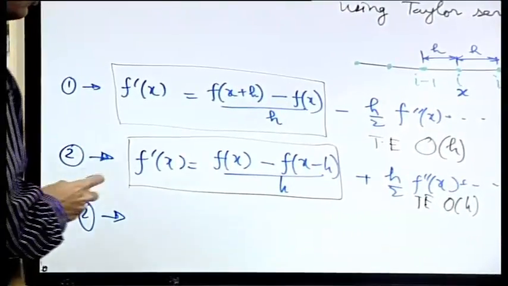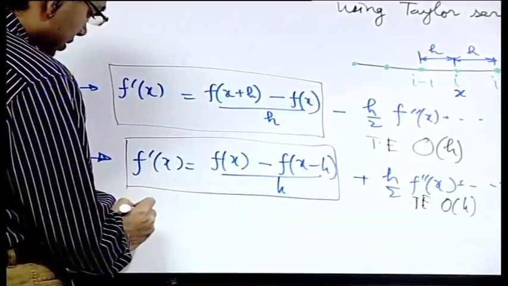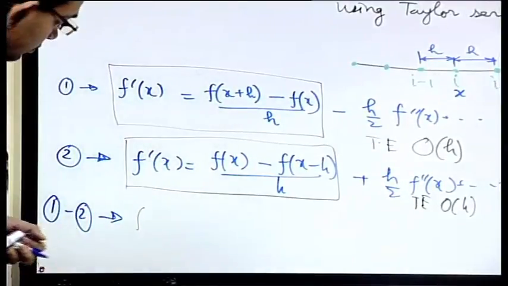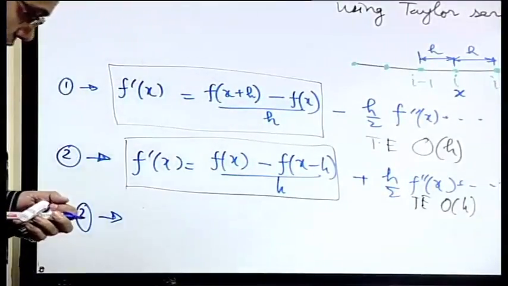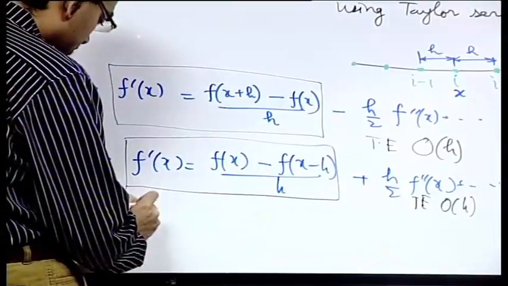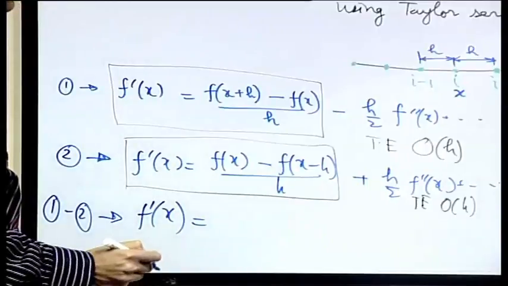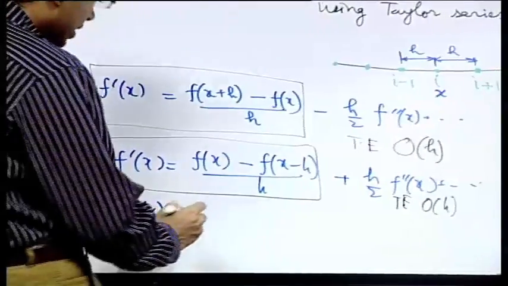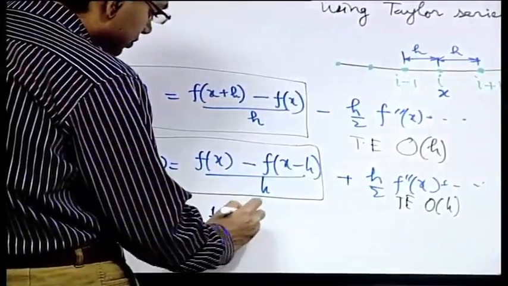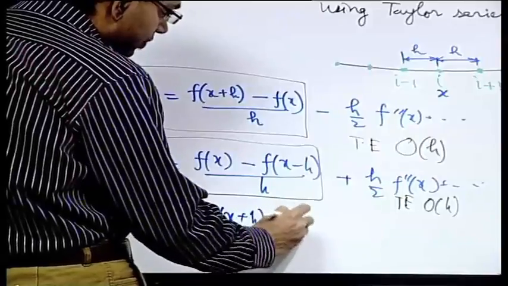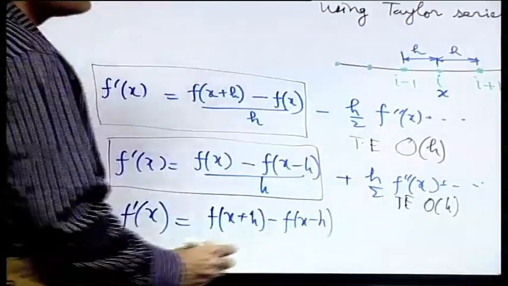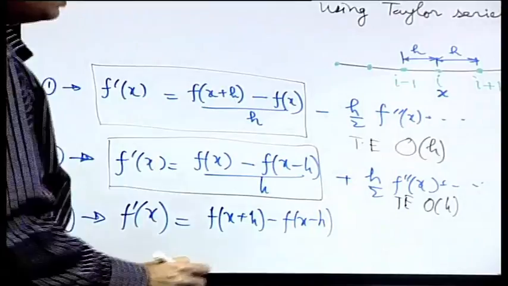So, that will give you f dash x is equal to f x plus h minus f x minus h by 2 h.